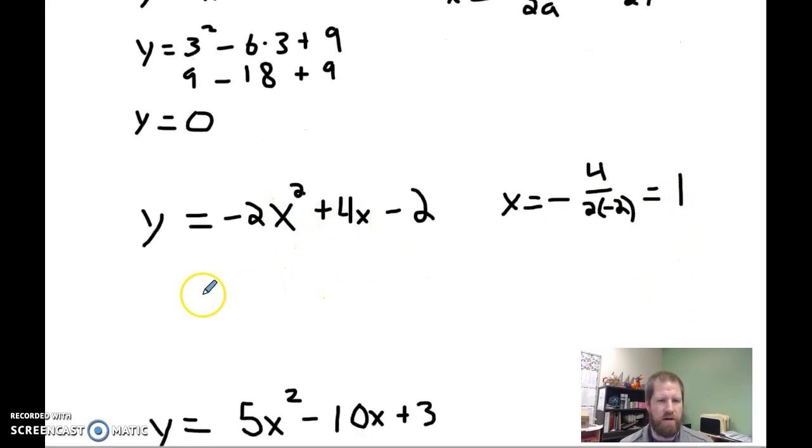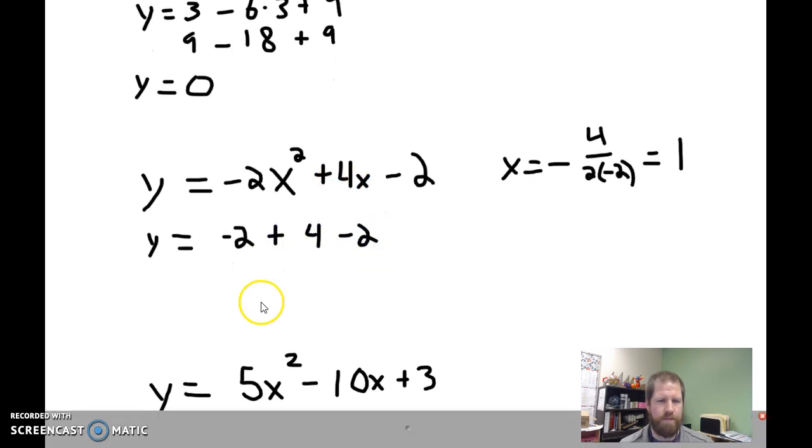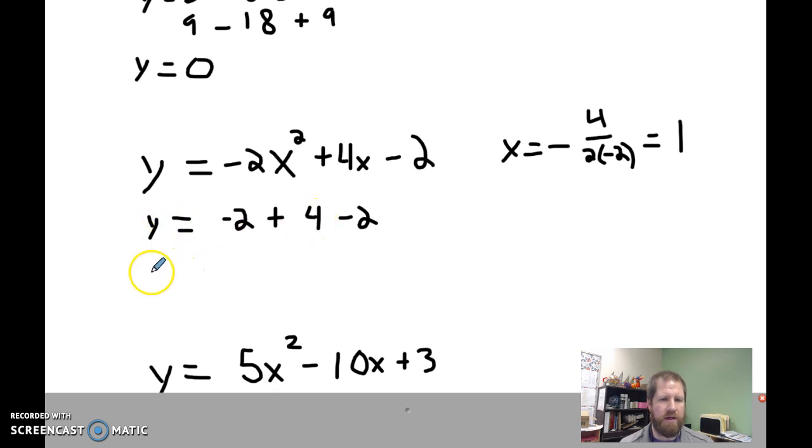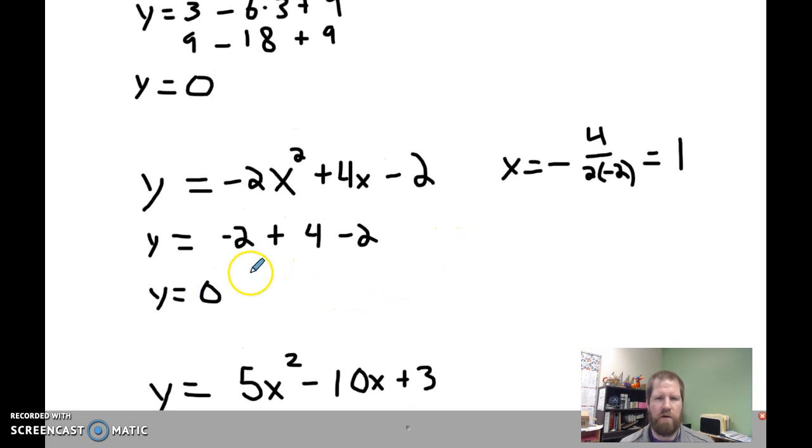If I stick 1 in here, I'm going to have y equals, and I'm going to kind of skip a step, negative 2 times 1 squared would be negative 2, plus 4 times 1 is 4, minus 2. Looks like we actually ended up with another one at y equals 0. So we have our vertex here is 1, 0.